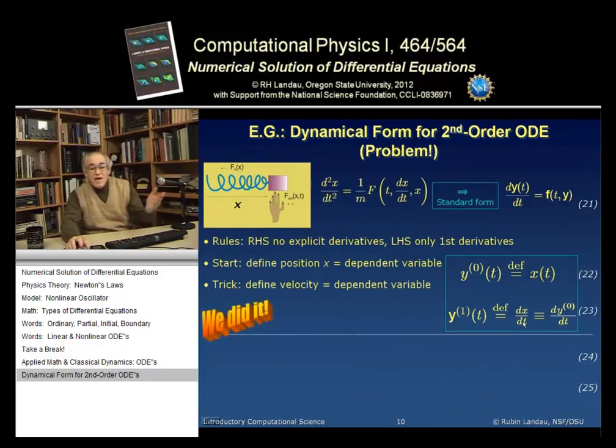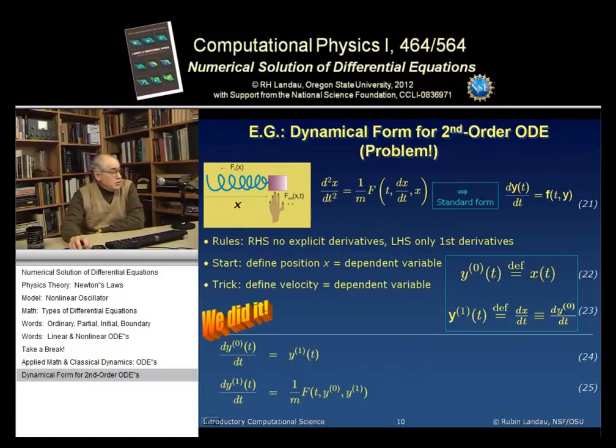We now just have to make the substitution according to the rules. So that's what we do here in equations 24 and 25. In equation 24, we say that, okay, we've defined the derivative of y0, which is position with respect to time, to be y1. So we're writing all these dynamical equations down just in terms of the components of y.